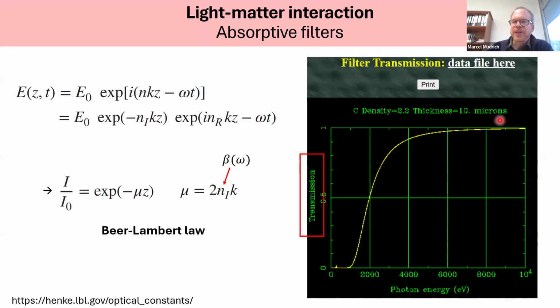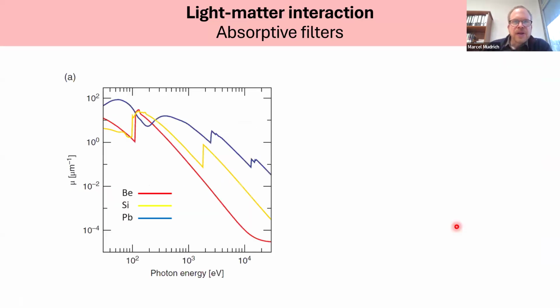pass characteristic for hard X-rays. So diamond windows are typically placed in the front end of a beamline to filter out and suppress all the low energy photons and just transmit the hard X-rays. Yeah, so in general, the extinction coefficient, right?